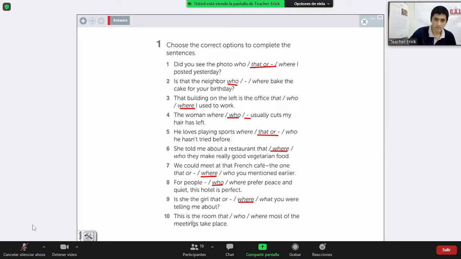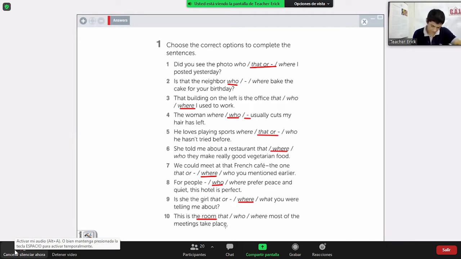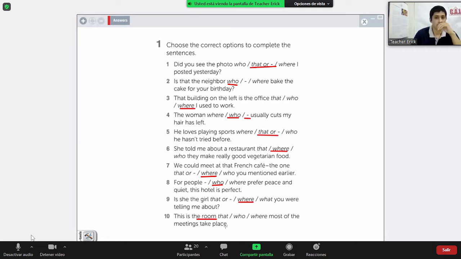Where. Number 10, this is the room that, who, or where. Where. Okay.